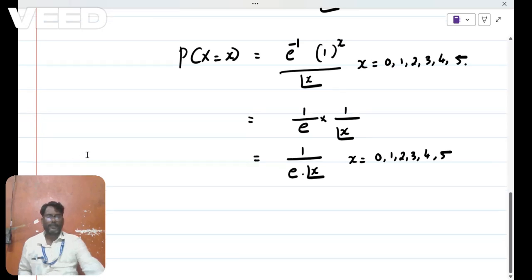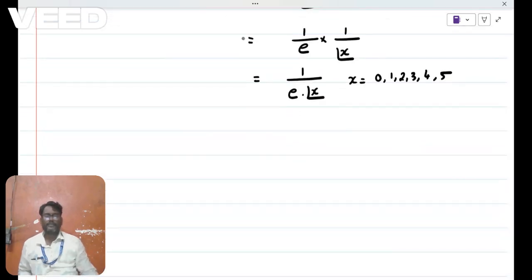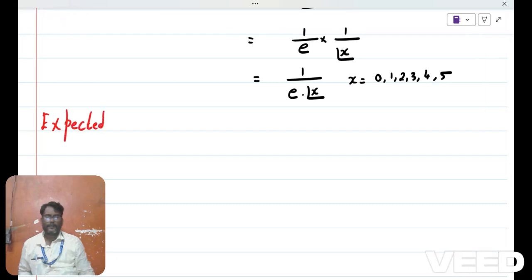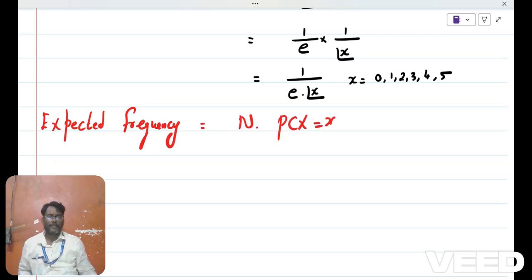Now we will compute their expected frequencies. Expected frequencies is equal to capital N into P of X equal to x.